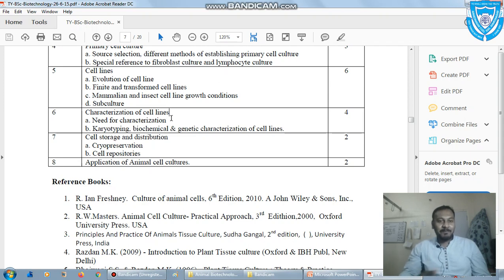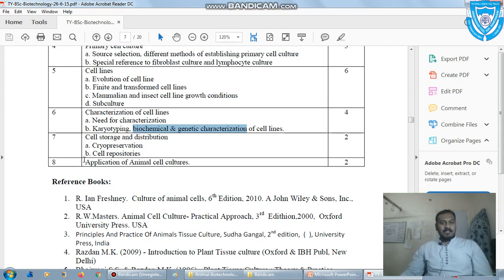Somewhere they are developing more growth, and somewhere they are not producing particular amounts of cells. So this is what happens. We need to characterize, we need to check every time what is going on inside the flask. There are different techniques: karyotyping, biochemical and genetic characterizations.